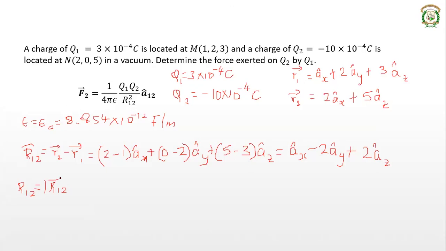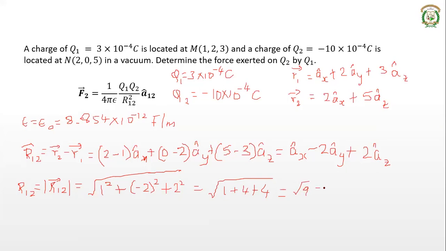So how do you get the magnitude? It is the square root of x component square, x component is 1, plus minus 2 square plus 2 square. 1 square is 1, minus 2 square is 4, plus 2 square is 4. So 4 plus 4 plus 1, that is root 9, right? Root 9 is 3. That means the distance between them is 3. So they are located 3 units apart, point M and point N.